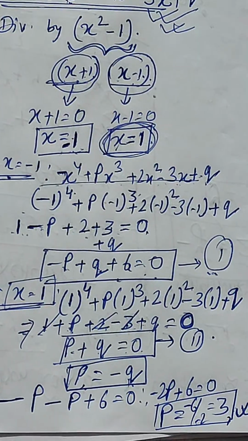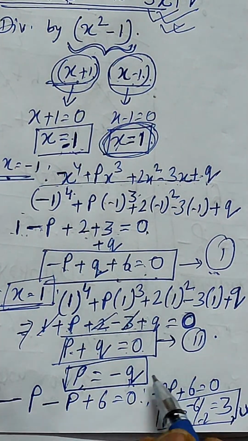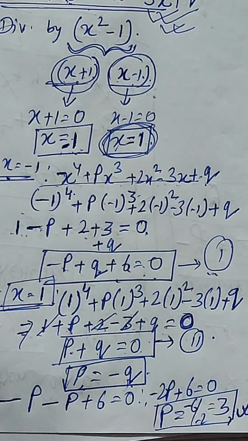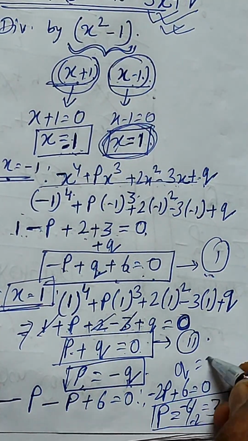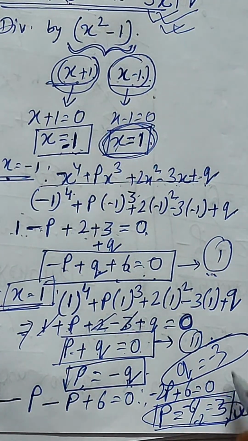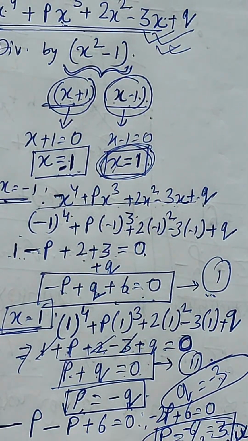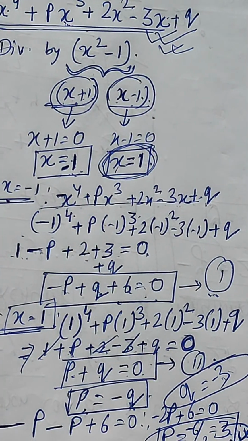So if p is 3, then from equation number 2, the value of q is calculated as minus 3. So these are the two values of p and q, 3 and minus 3. So this is the first question which we have solved.